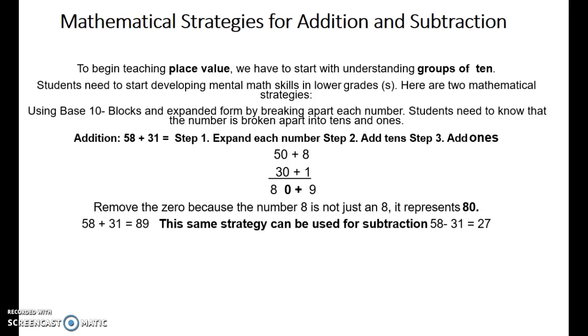Now, this very same strategy can be used for subtraction as well, so let's do it. 58 minus 31 equals 27. Let's take a look at that. 58 minus 31. The answer is 27.